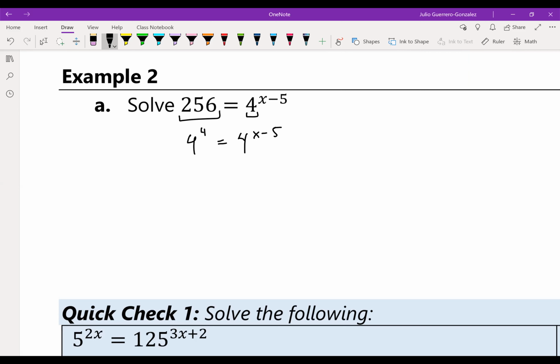Now we have the same base. So notice what I did. I just changed that into that. And now I have the same base. I can do 4 is equal to x minus 5, plus 5, plus 5. And we are done.